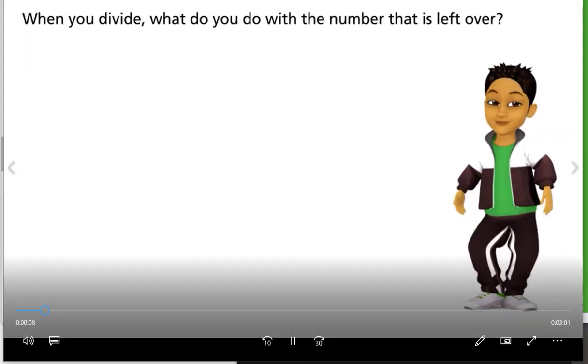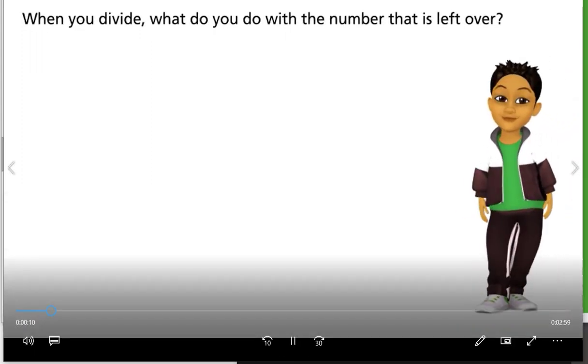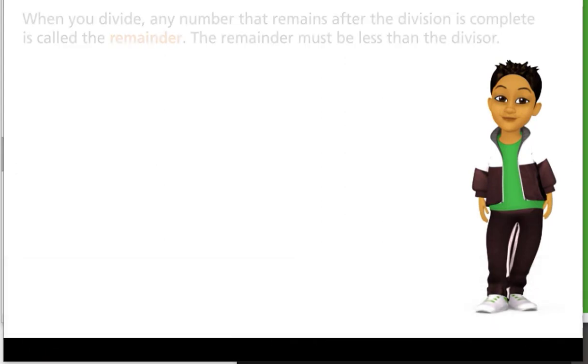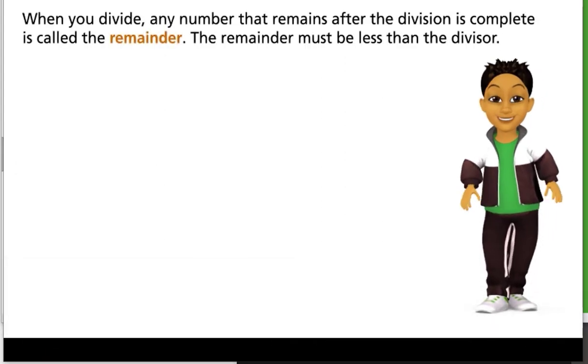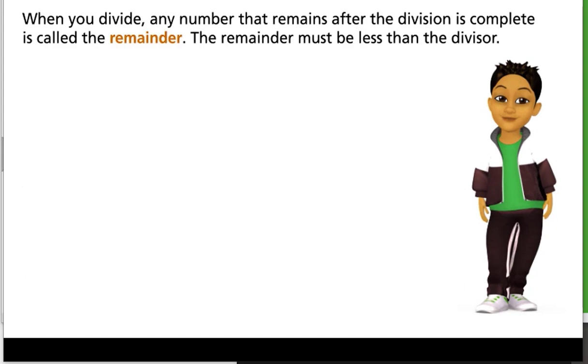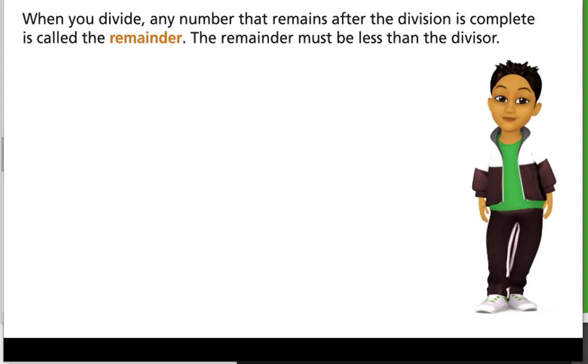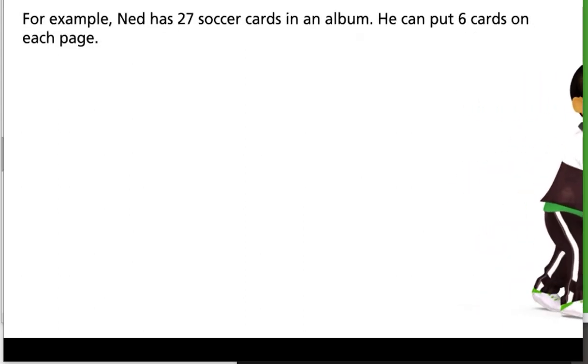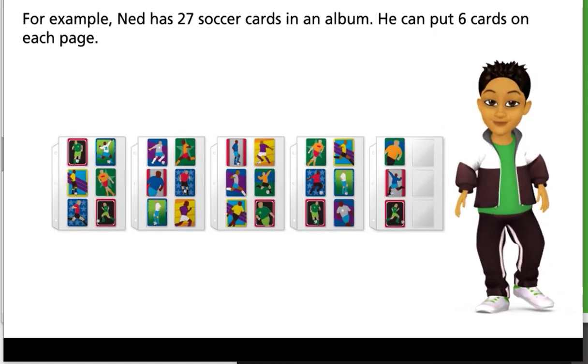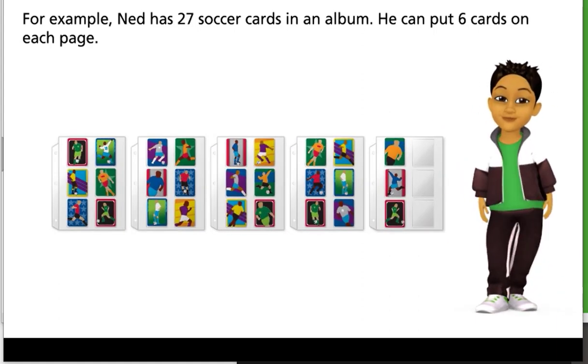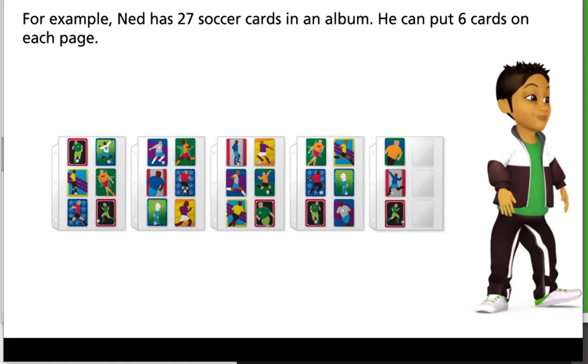When you divide, what do you do with the number that is left over? When you divide, any number that remains after the division is complete is called the remainder. The remainder must be less than the divisor. For example, Ned has 27 soccer cards in an album. He can put 6 cards on each page.